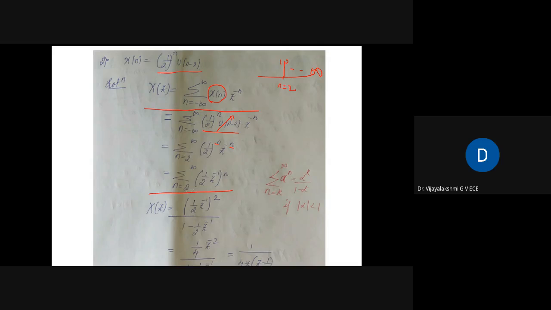Now for us it is defined from 2 to infinity. So this becomes alpha power 2 divided by 1 minus alpha. And this converges provided |alpha| is less than 1. So this condition we have to use to find out its region of convergence.